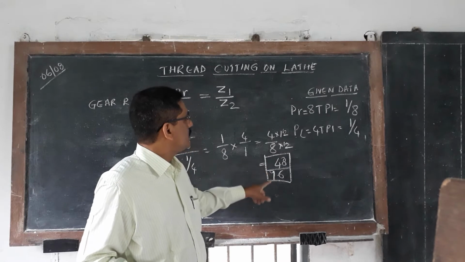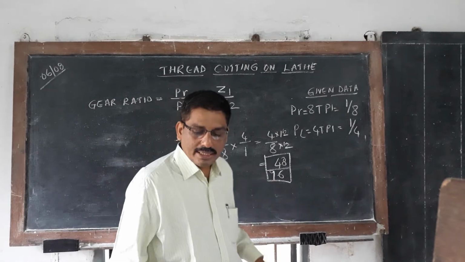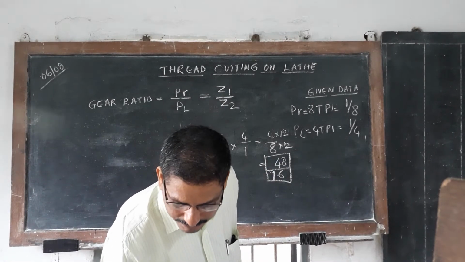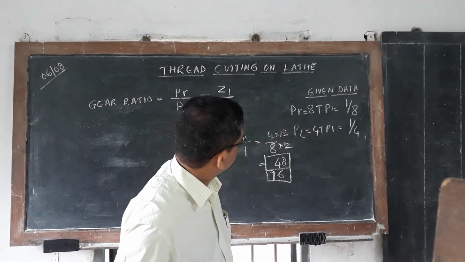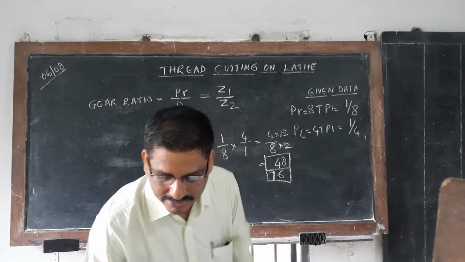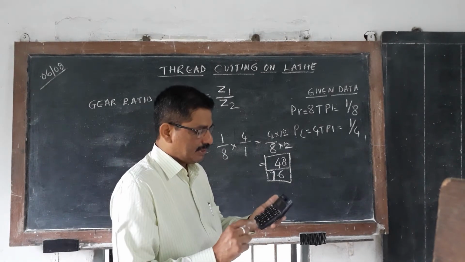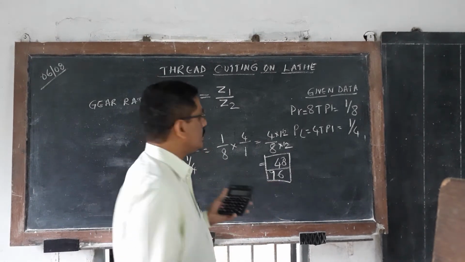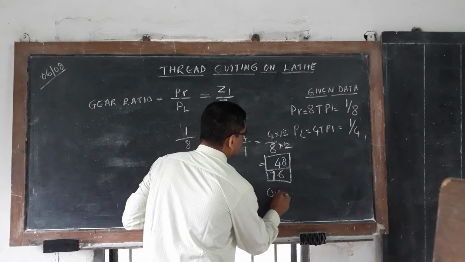So if you divide this now, what ratio you see? 48 divided by 96 becomes 0.5.